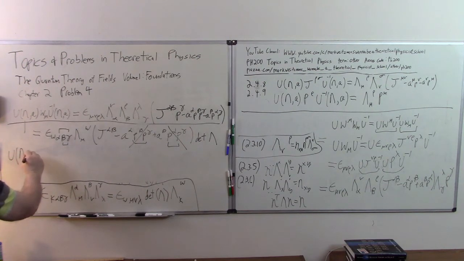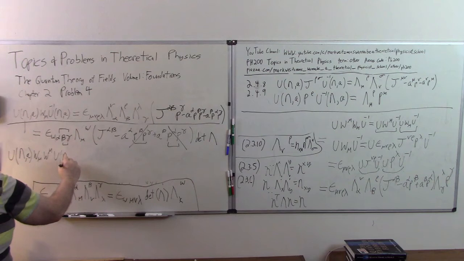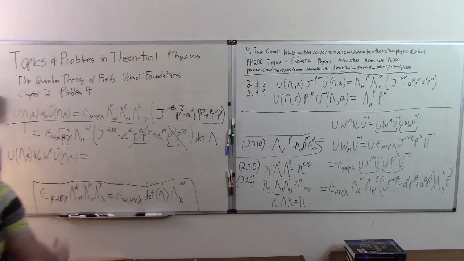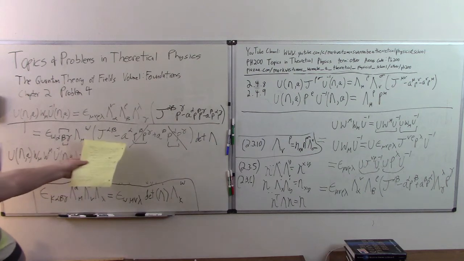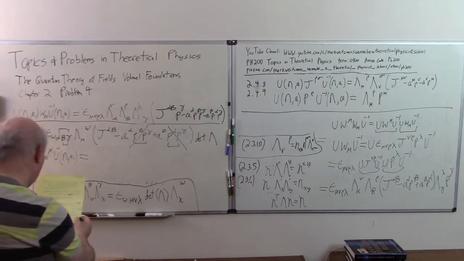U lambda comma A, W mu, u lambda comma A inverse. It's just going to be the product of this. The only index that's going to stay the same is the mu, and everything else is going to get a prime on it.